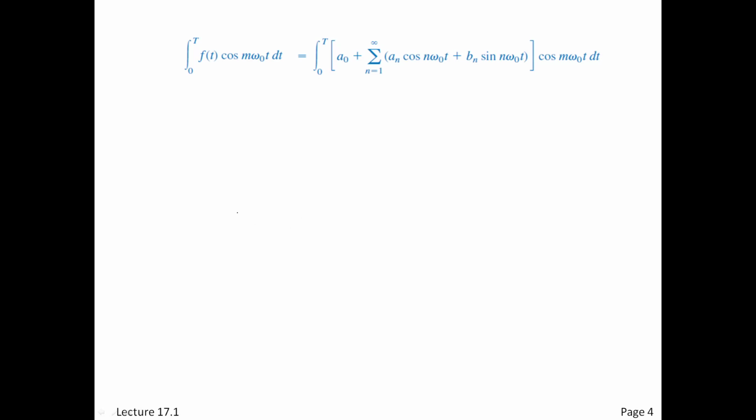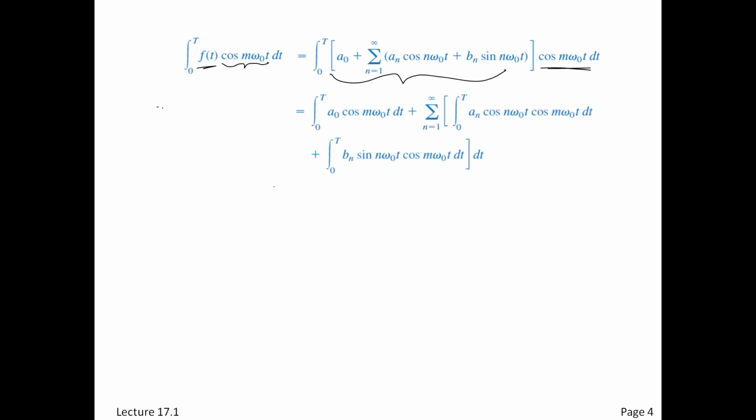And we're going to do that by taking our f of t and multiplying it by various harmonics of cosine omega t. So we can vary m. We're going to do that to both sides. Here we've just taken the Fourier description and multiplied it by cosine m omega 0 t also. Just did the same thing to both sides, okay?